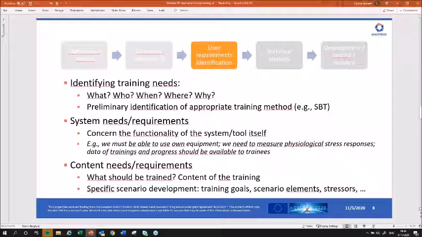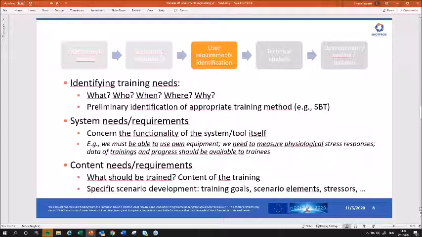When you have very specific operational needs, for example with crowds, where we want to do better crowd control and better manage crowds, then of course you will have to think about a scenario in which you expose trainees to a crowd that starts to get aggressive, or football hooligans.